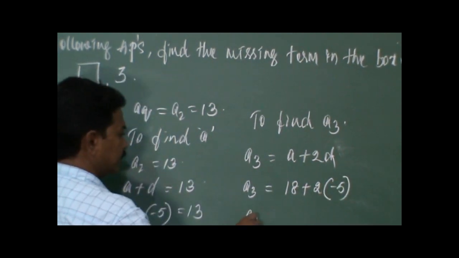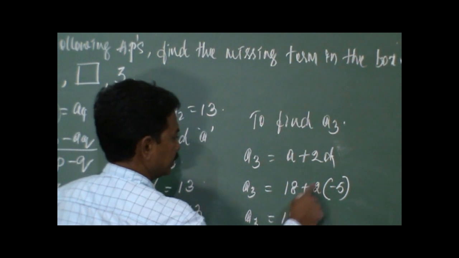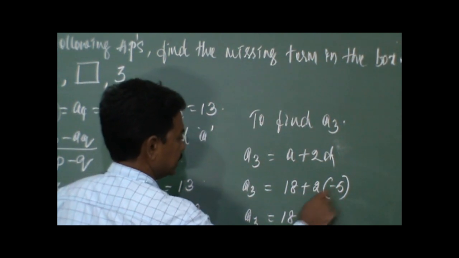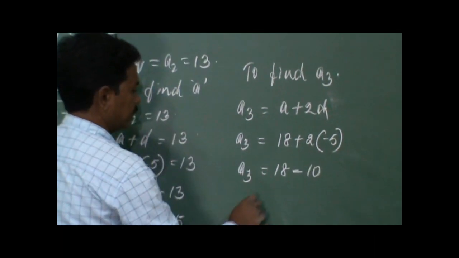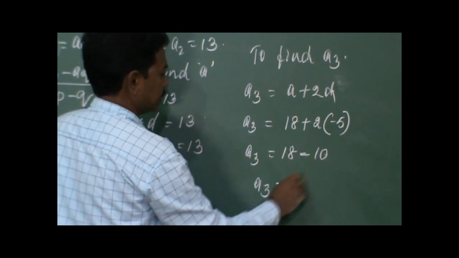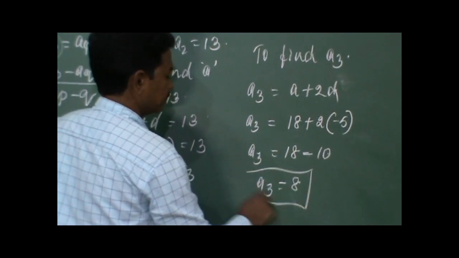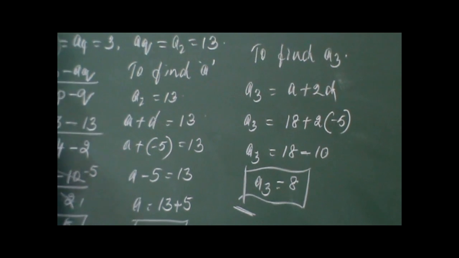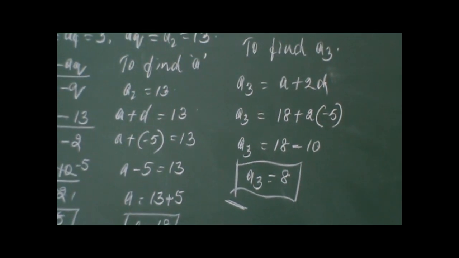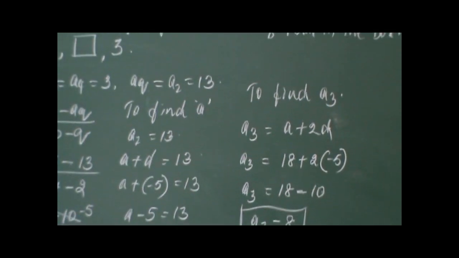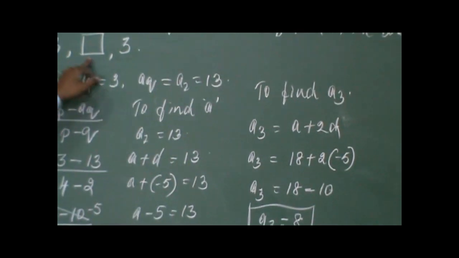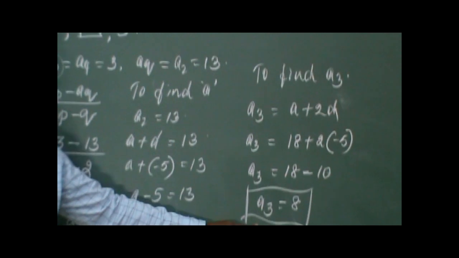So A3 is equal to 18 plus into minus, minus 5 is minus 10. So A3 is equal to 18 minus 10, which is 8. So the A3 value is 8. The term which comes in the first box is 18. The term which comes in the third box is 8. So this is the method.